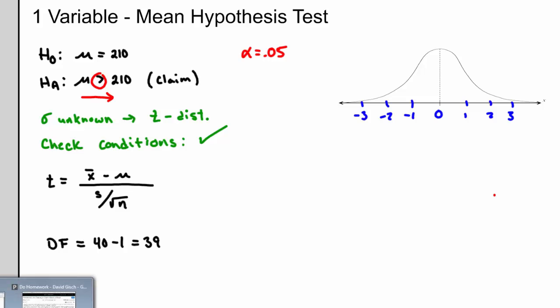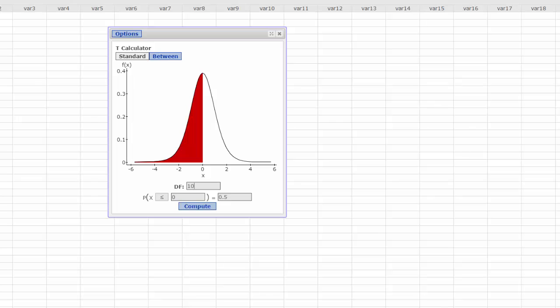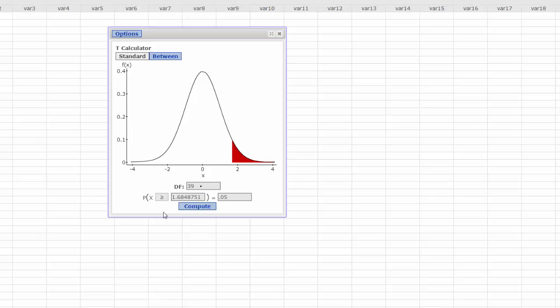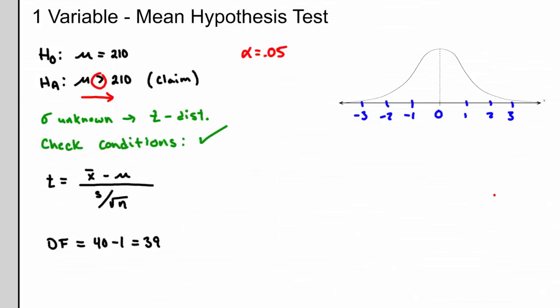So if I jump back into here, my degrees of freedom would be 39. I said 49, I meant 39. Alpha is 0.05, and we are going this direction, and therefore my critical value is 1.685.